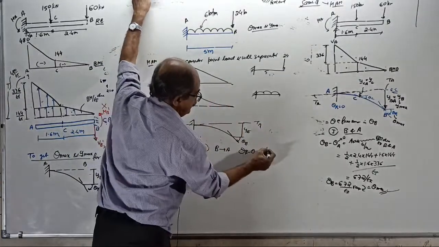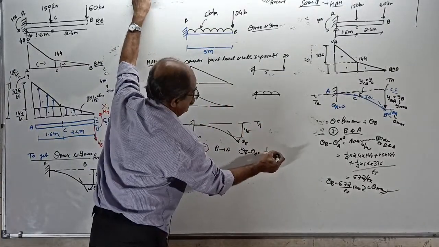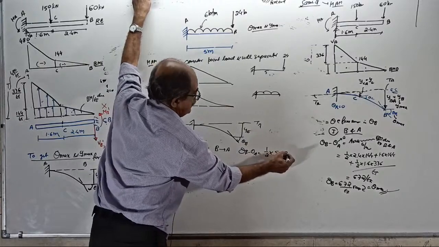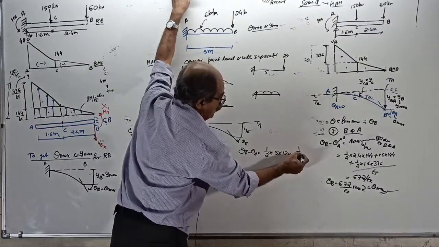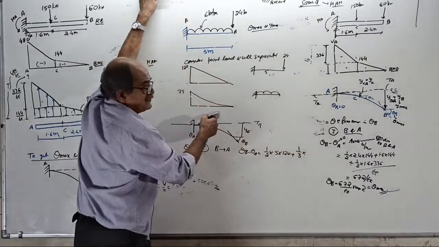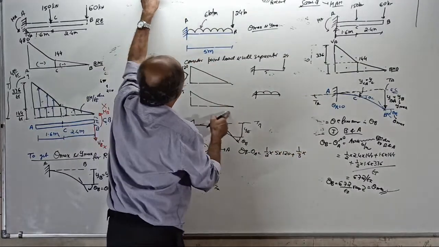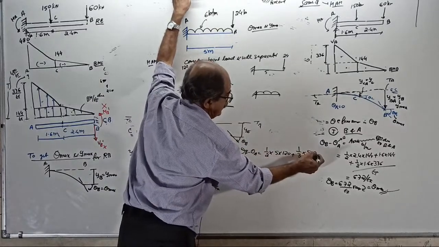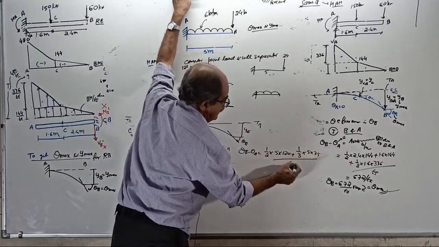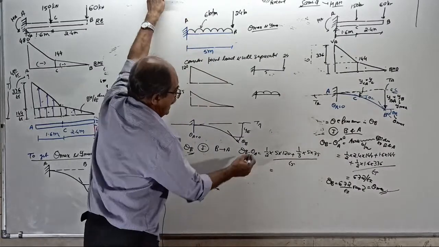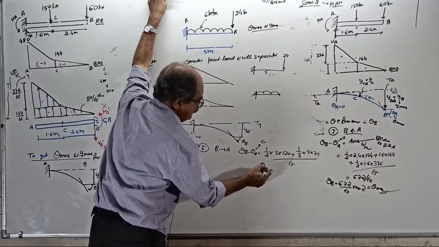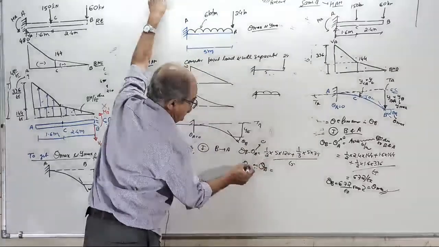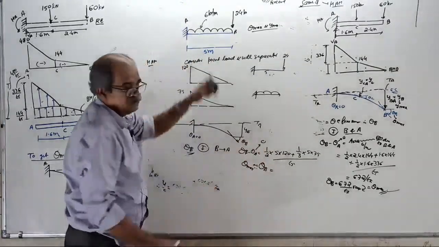This area: half into 5 into 120. One more area for this curve: area equals 1/3 base into height, 1/3 of 5 into 75 by EI. Tell the answer. Theta A is 0. This we all solved. Therefore, you get theta B, that itself is theta maximum. Answer.